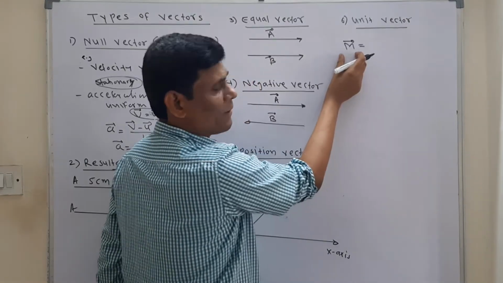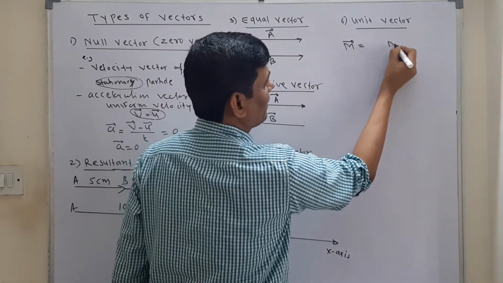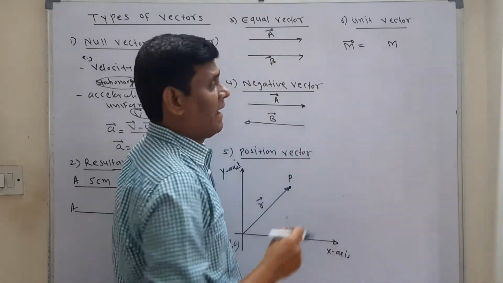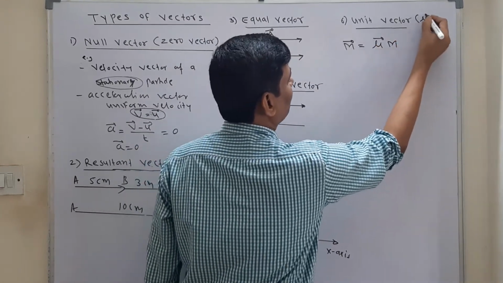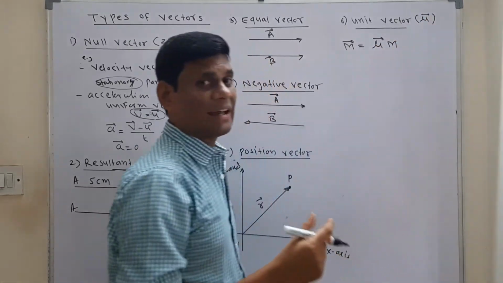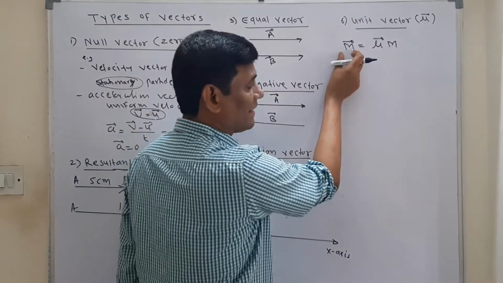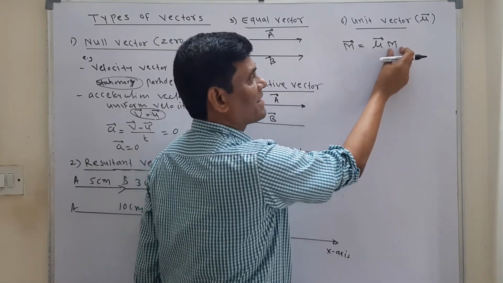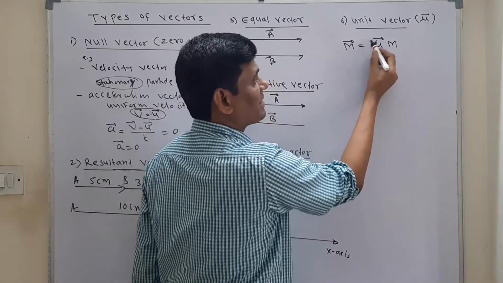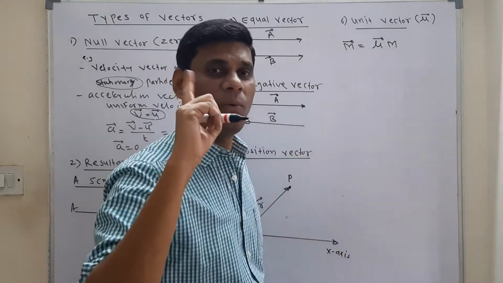When I say this is a vector, it means it has a magnitude as well as direction. So the magnitude you can write simply as m, and the direction you can represent by a unit vector. Basically the unit vector helps us to give the direction. So this is a vector, meaning magnitude as well as direction. This represents the magnitude and this represents the direction, that is the unit vector, which has a magnitude equal to 1.